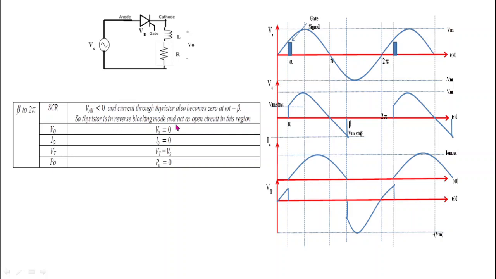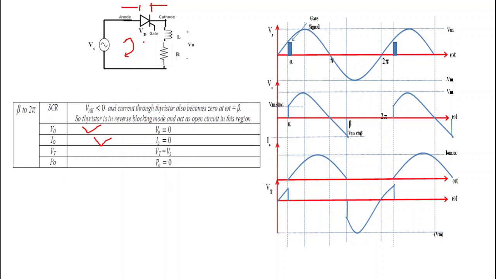So when thyristor gets turned off at omega t equal to beta, then thyristor acts as an open switch. When thyristor acts as an open switch, then current in this circuit I naught becomes 0, and output voltage V naught also becomes 0 because current is equal to 0. And what is the drop across thyristor?